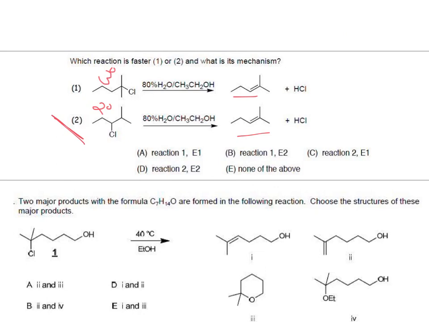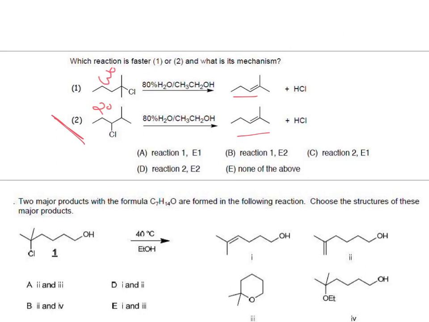So unlike the SN1, SN2, you can't quite just say that a tertiary system will automatically go E1. You can't say that in case of elimination reactions. There are some elimination reactions which will go through an E2.